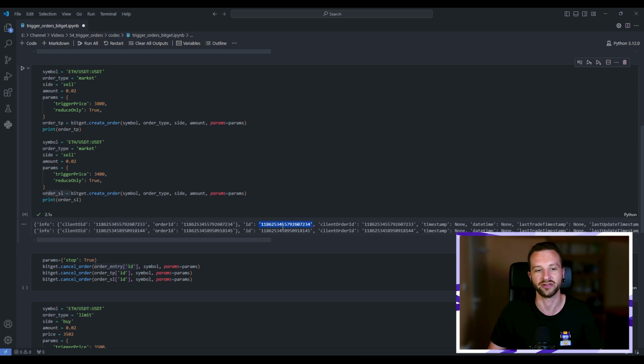And symbol, but then again, you have this params extra dictionary that you need to give. And to cancel a trigger order, you need to say stop equals true. If you don't put that, it'll simply say that it cannot find the order, even though it's there. So you need to put this stop equals true here.